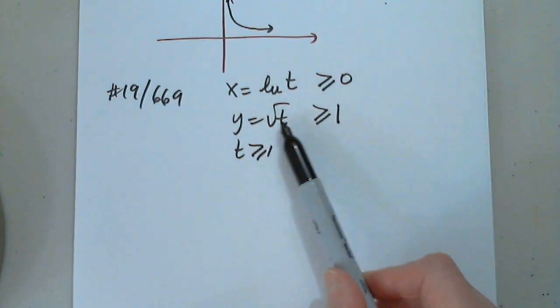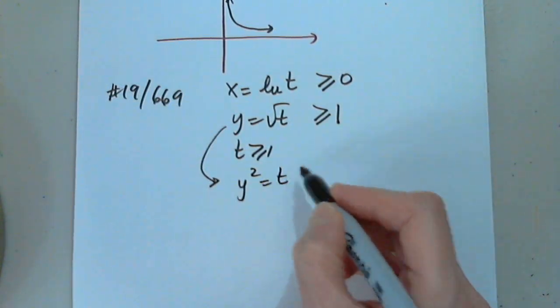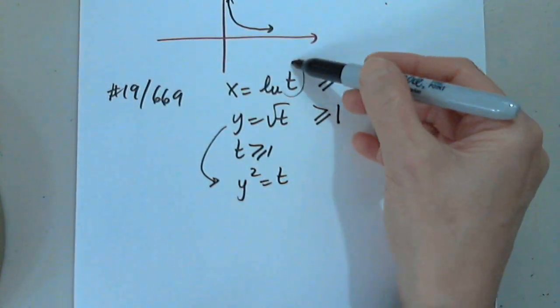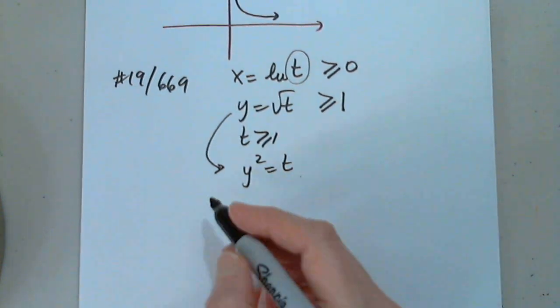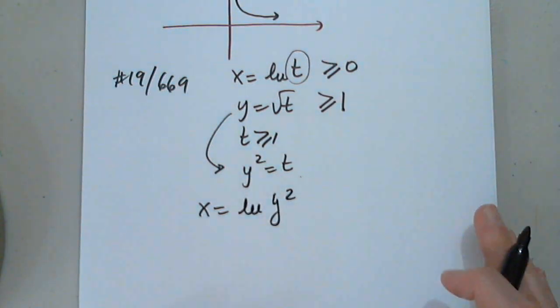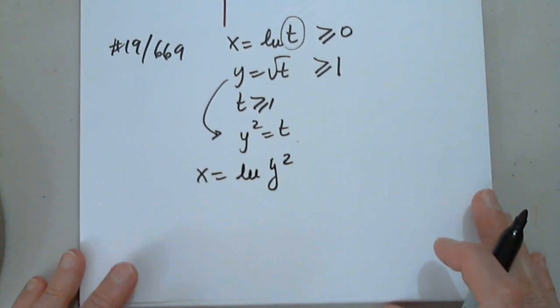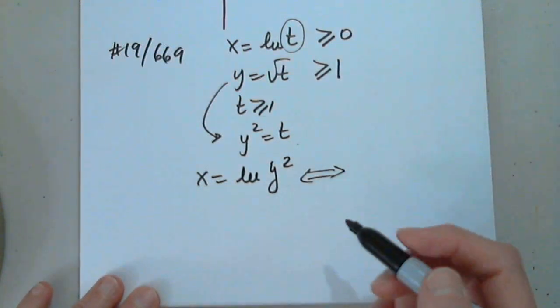So what I would like to do is, again, square both sides. So I get y squared equals t, and replace t in the equation for x with y squared. So x equals natural log of y squared. Here, any natural log or any log equation can be converted to an exponential.